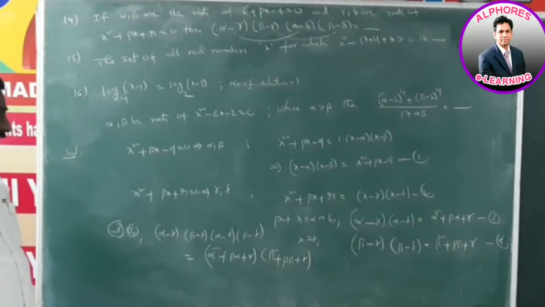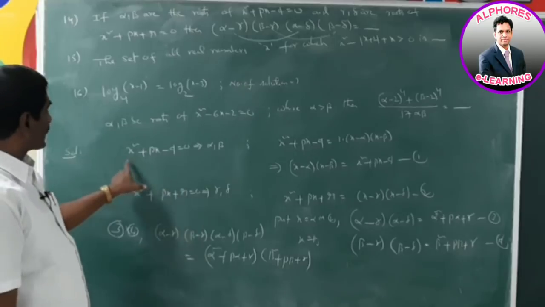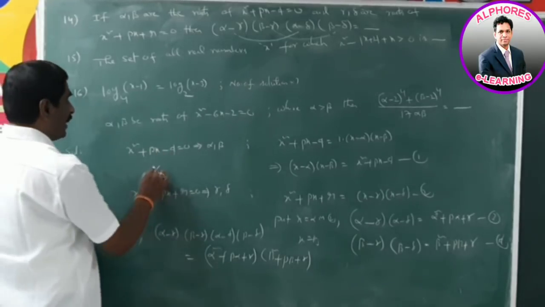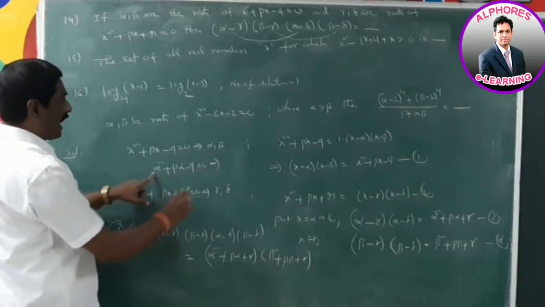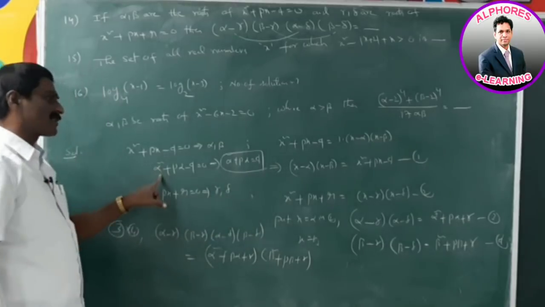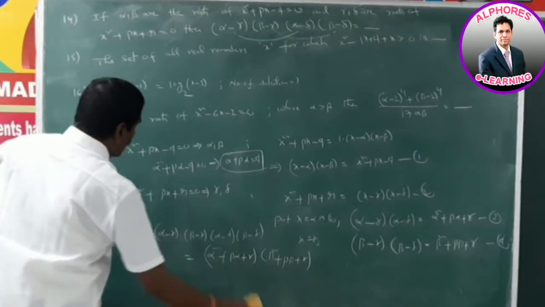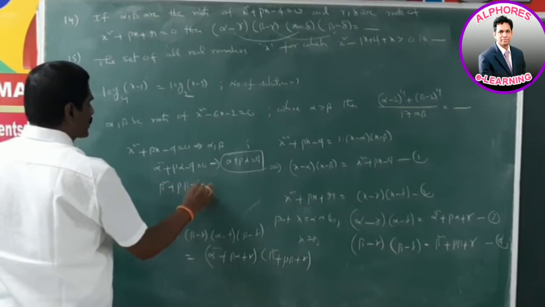But actually, alpha is one of the roots in the first equation, x² + px − q. That means alpha² + p alpha − q is equal to 0. That means alpha² + p alpha is equal to q. Similarly, beta is also a root in this equation. So, beta² + p beta − q is equal to 0.